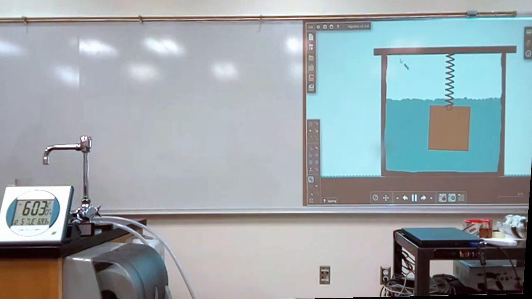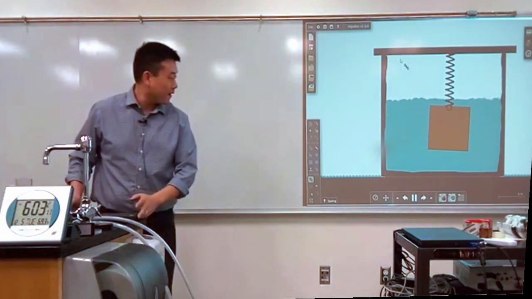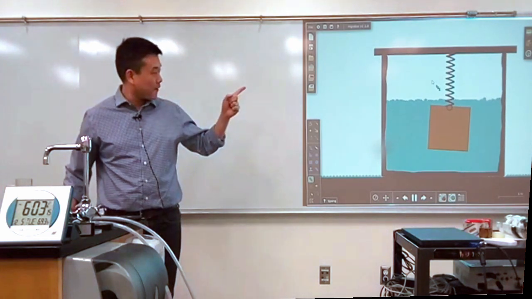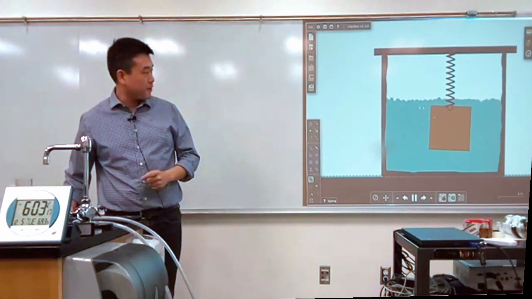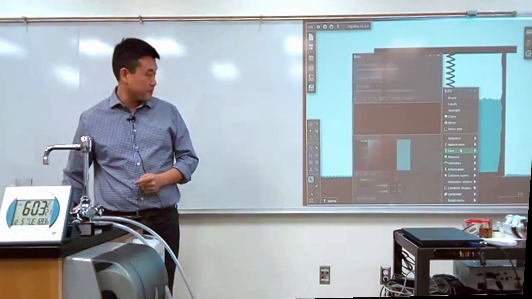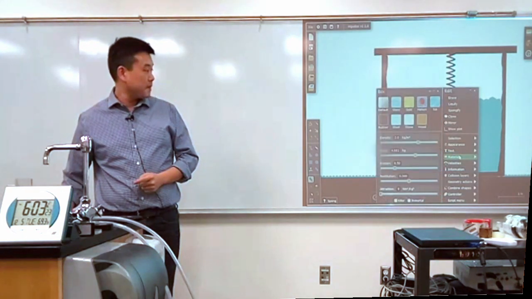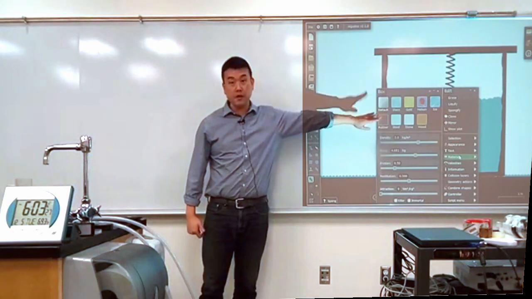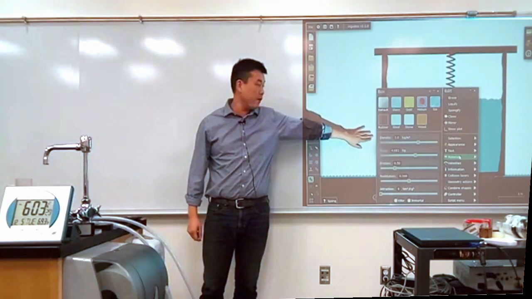All right, so let's come back to what we were talking about just before we went into break-ish, and talk about buoyancy force. So this is the simulation I set up while I was waiting for you guys. So I hope it'll work. This is all arranged so that there's water here. And when you look at this object here, you will see that I increased the density. So it's double the density of water.